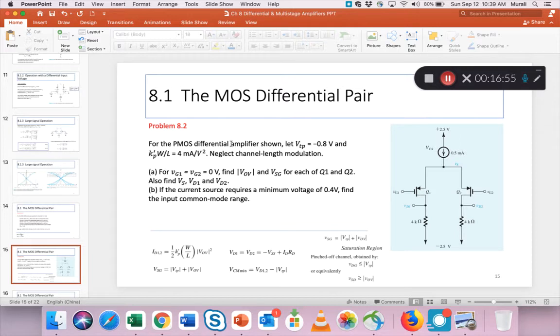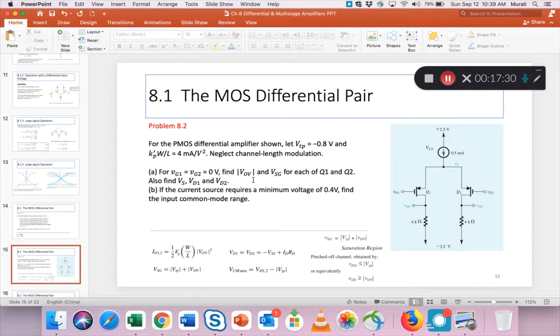All right. So here we are told that there is a PMOS pair. We're given a certain VTP, which is always negative, and this Kp, which is Kp prime times W by L, is given. Neglect channel length modulation. So first of all, for Vg1 equals Vg2 equals 0, that means at the gate no voltage is being applied.